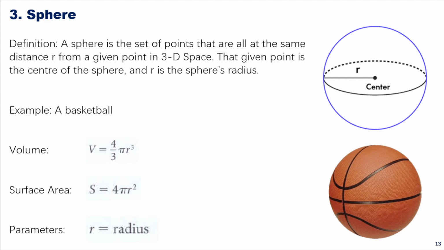For example, a basketball can be abstracted into the shape of a sphere, right? The volume of a sphere is given by V equals 4/3 pi r cubed. Surface area is given by S equals 4 pi r squared, where the only parameter here is r, which is the radius of that sphere.